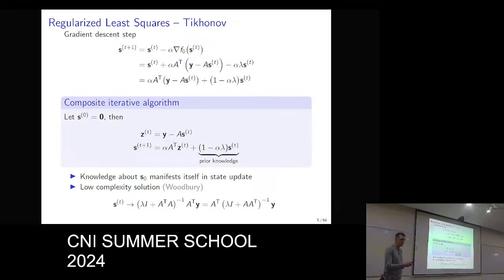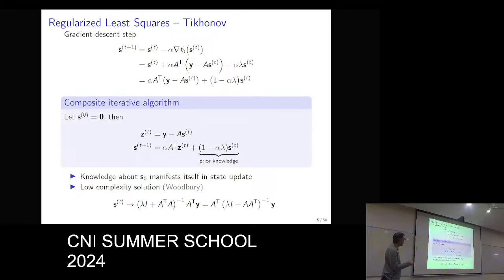Okay, so now we have a gradient descent version that led to our composite iterative algorithm in a form that's very close to what we had yesterday. And in the same manner, we can show that it converges to the point we wanted.